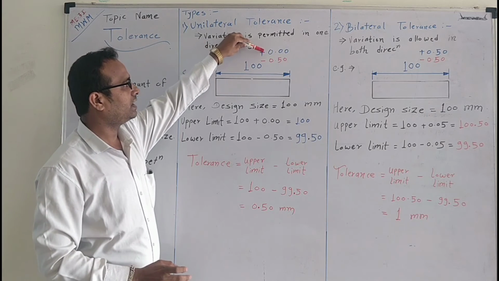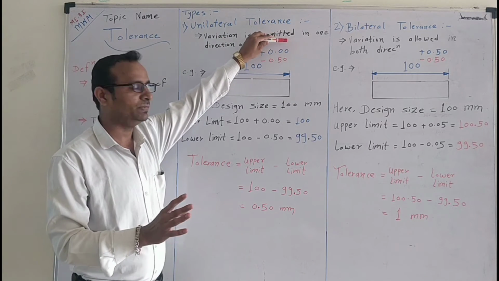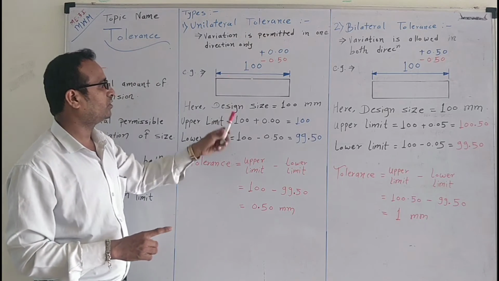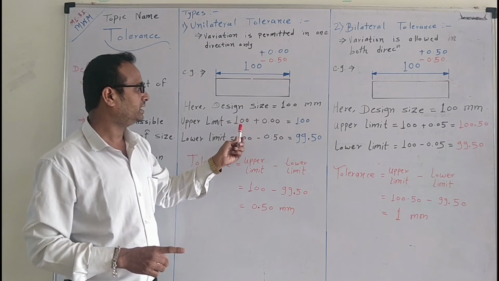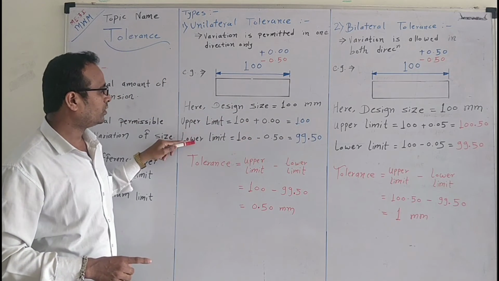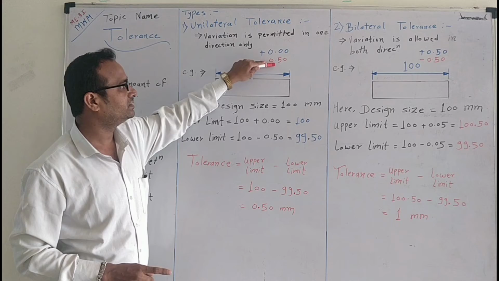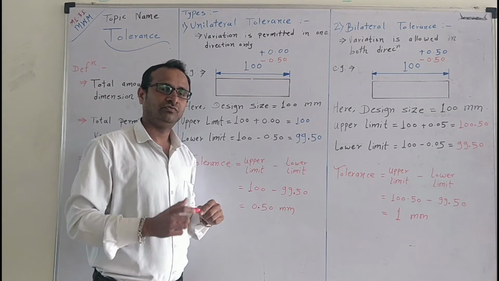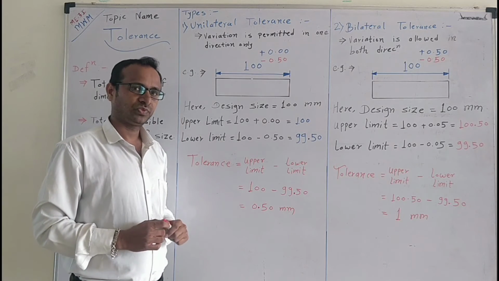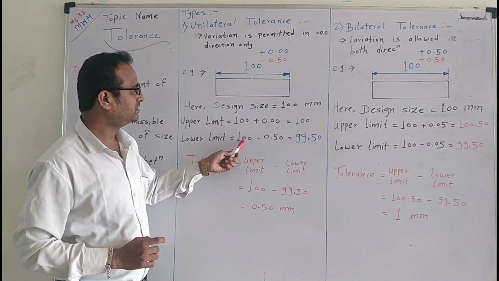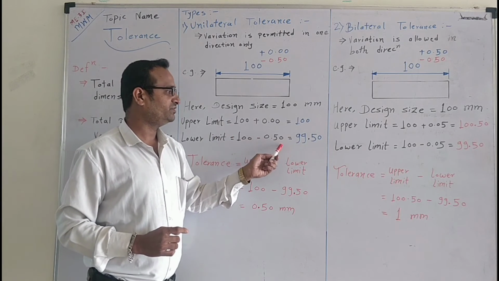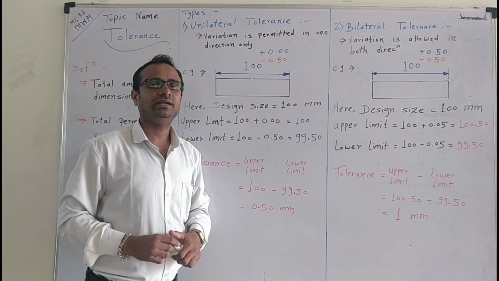At the upper side we have taken 100 plus 0, which means 100, and for the lower limit, whatever value is given at the lower side we have to take into consideration. So lower limit is 100 minus 0.50, which is nothing but 99.50.